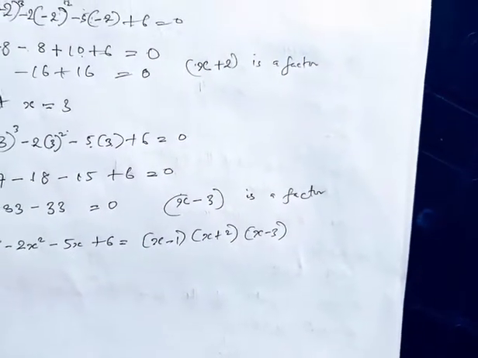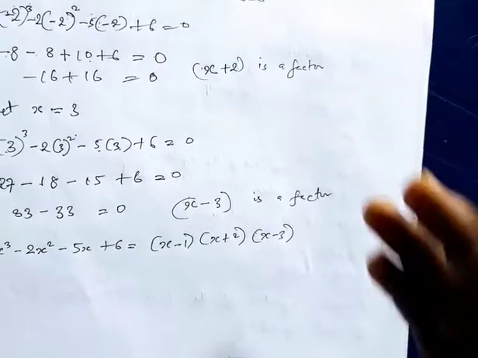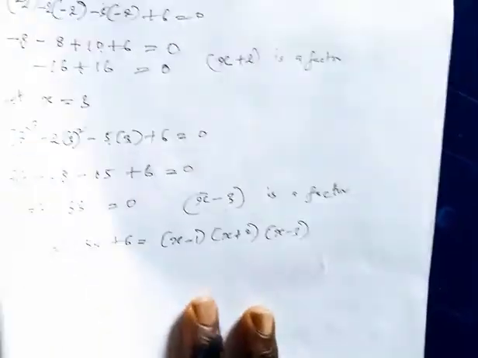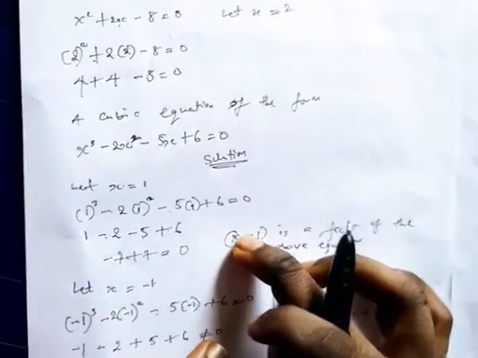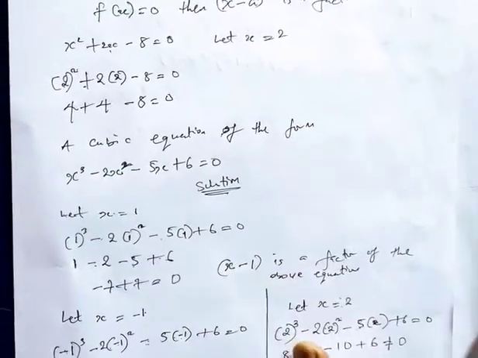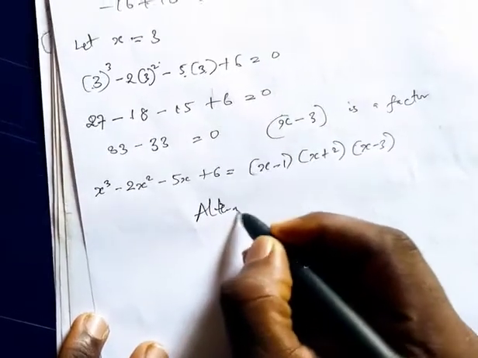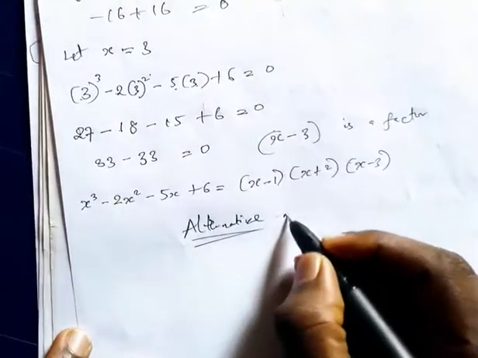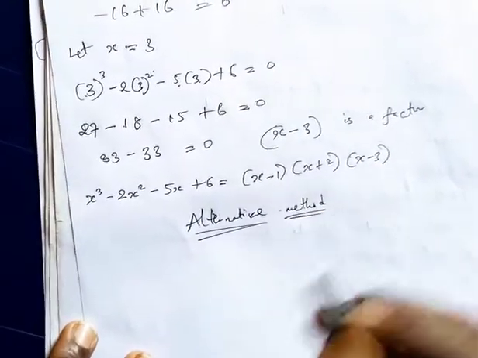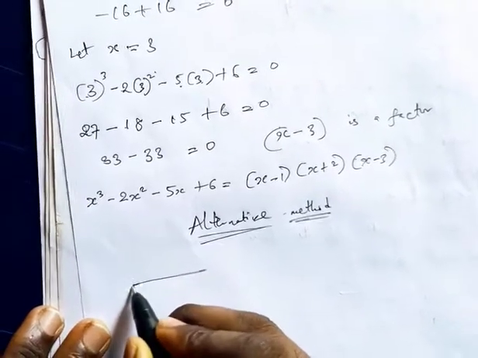And now, there is an alternative way of obtaining the other factors. If we have gotten the first factor to be x minus 1, we can use our idea of long division in polynomial, an alternative method.